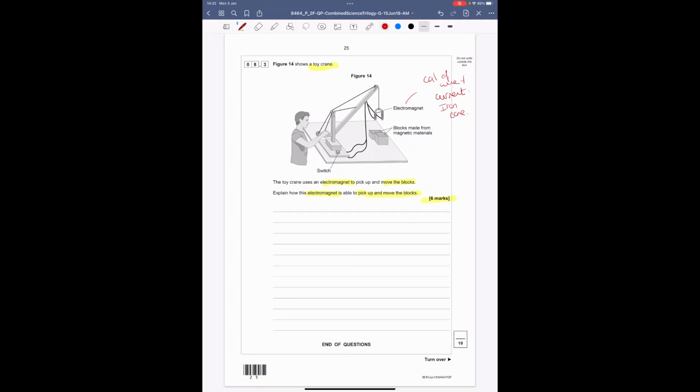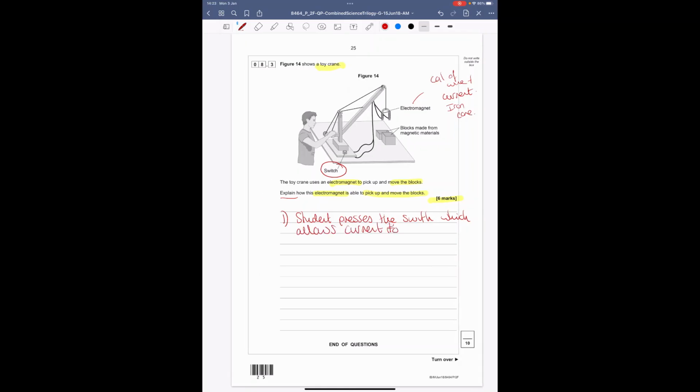So point number one, how can this electromagnet be used? What needs to happen? Well, they've given us, on the diagram, a label of a switch, so we need to talk about the switch. Stage number one, the student presses the switch, which allows current to flow.